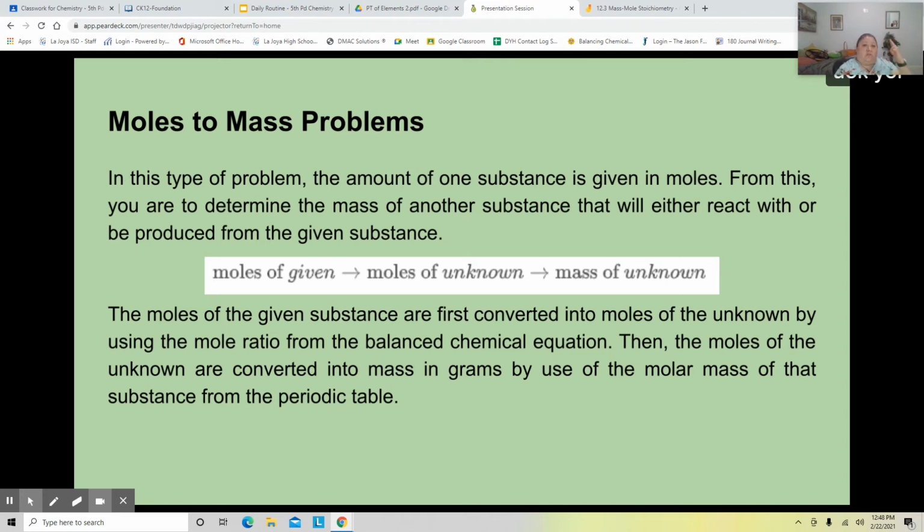You're going to start with mole ratio, then molar mass. Okay? And I'm going to go straight into it because it talks about the same thing. How you have to use molar mass in order to change moles to grams, and how you need to use mole ratio in order to go from moles of A to moles of B. That's all it says here.